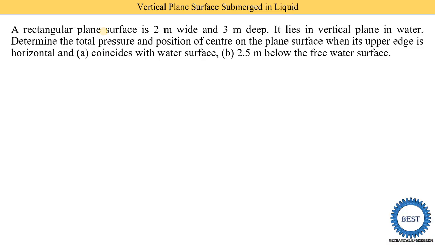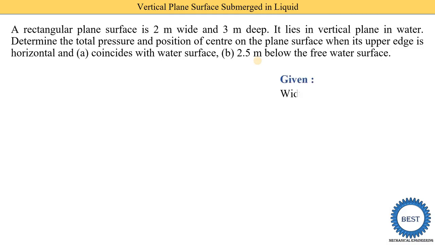We need to find these two parameters for two cases. First case, the surface coincides with the water surface, means the rectangular surface and the water level are at the same level. And second, when it is 2.5 meter below the free water surface, means the rectangular surface is 2.5 meter below the free water surface.